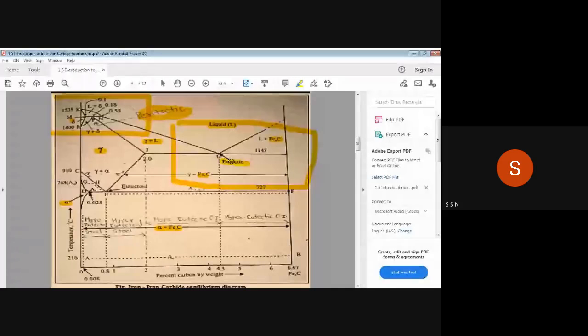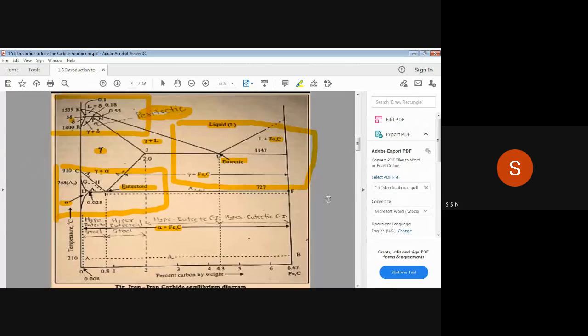Here also certain changing phases will be there as temperature decreases, during constant temperature it is occurring. Now one more transformation we have drawn one block for, and that transformation is eutectoid transformation. Through these three transformations, we are studying the different phases present in this iron carbon diagram. Understand?